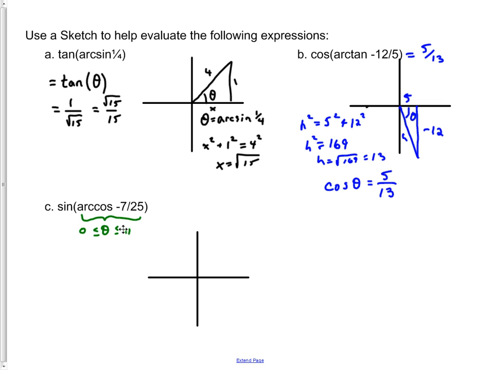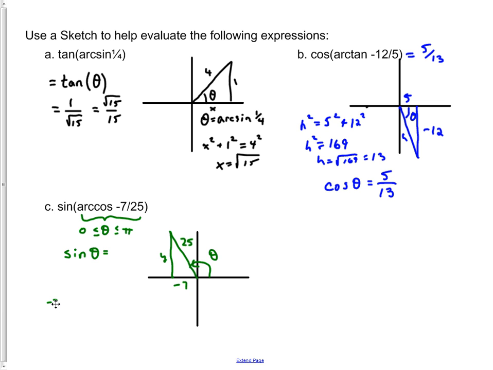So in the first or second quadrant, and in this case that means we're in the second quadrant, there's an angle whose cosine is the ratio negative 7 along the adjacent side to 25 along the hypotenuse. So whatever that angle theta is, that's going to be our ratio. So we're going to be taking the sine of that angle theta, which means that we have to get the length of the opposite side. Call that y.